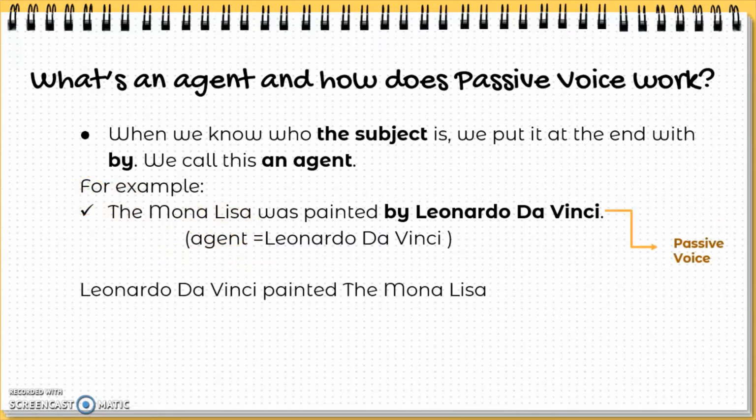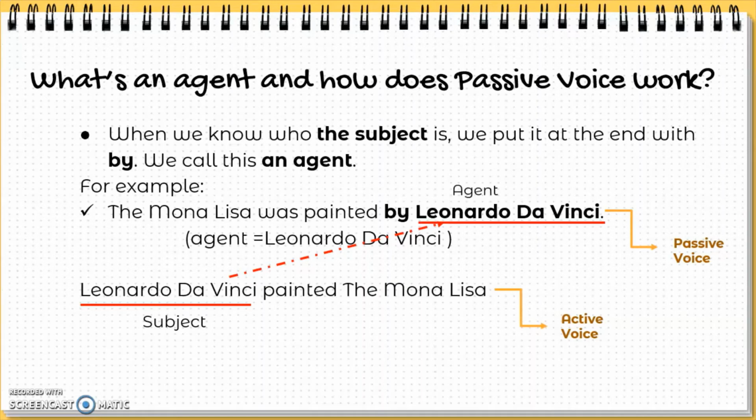Okay? So, the active voice would be Leonardo da Vinci painted the Mona Lisa. Why? Because here we have who painted the Mona Lisa. Okay? So here the most important thing is who did the action, and here the most important thing is what was made, or what was in this case painted. Here, Leonardo da Vinci is the subject in the active voice, but goes to the agent in the passive voice.